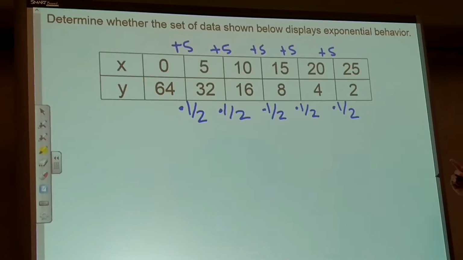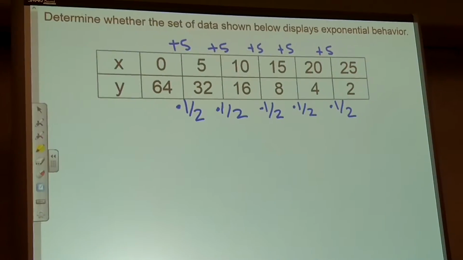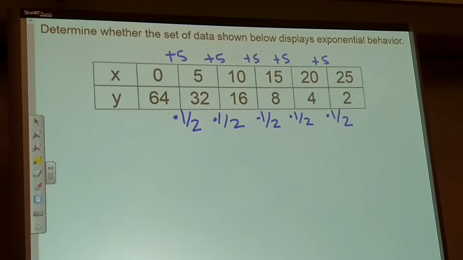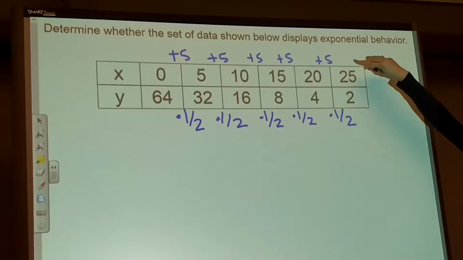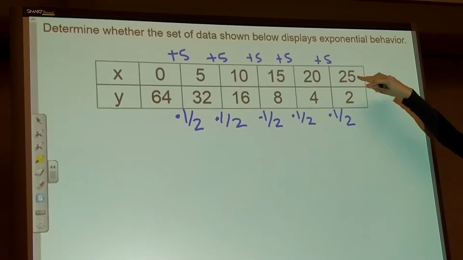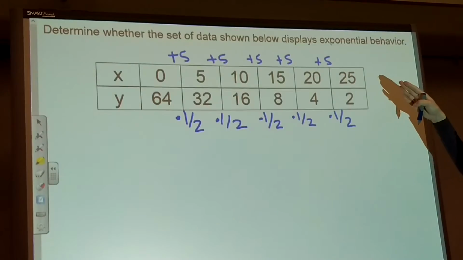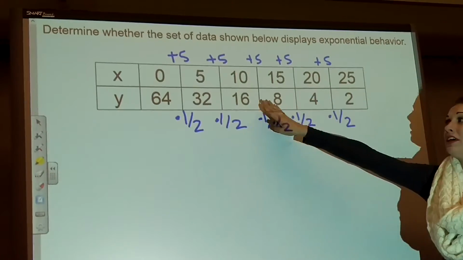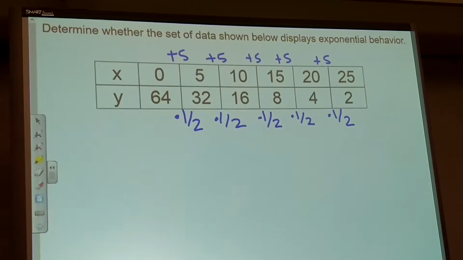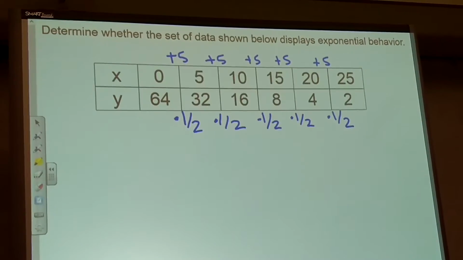So the first thing you need to look at is your x at the top. Even though you said it's an arithmetic sequence, you might be thinking in your head, okay, it's linear, but that's not true. You always have to look at the top and see if it is being added by a constant rate. Then you look at your y, and the y is what determines if it's exponential or not.